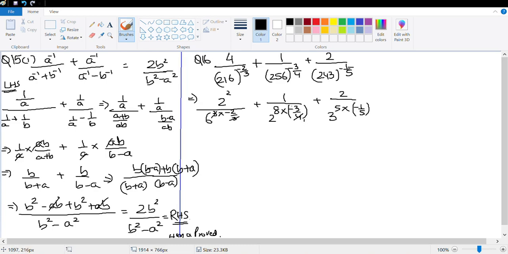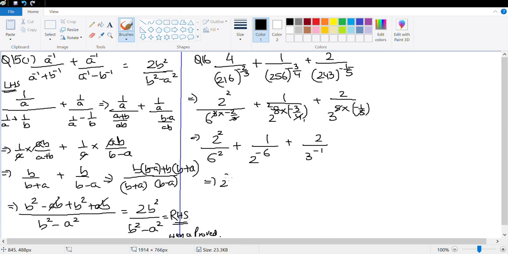So this is 2 square upon 6 to the power negative 2, plus 1 upon 2 to the power 2 into negative 3, that's negative 6, plus 2 upon 3 to the power 1 into negative 1.